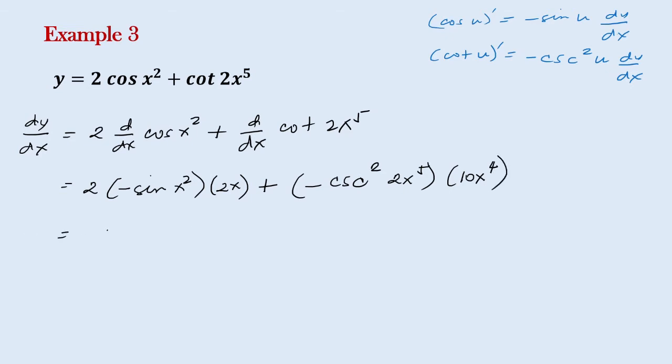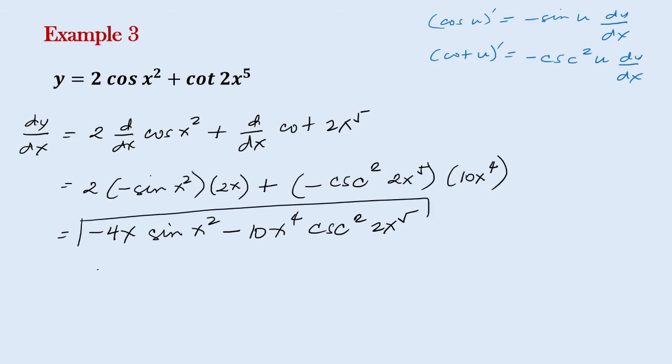To simplify, 2 times negative 1 times 2x would be negative 4x sine x squared. Then 10x raised to 4 times negative 1 gives minus 10x raised to 4 cosecant squared 2x raised to 5. So this is now the derivative of the given function.